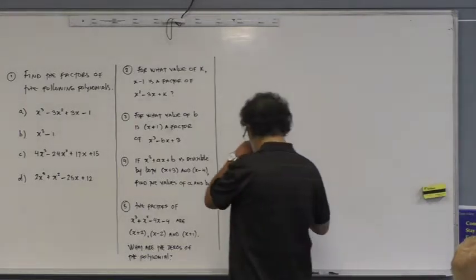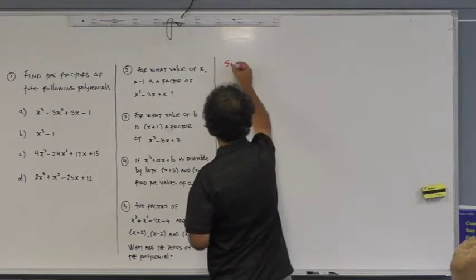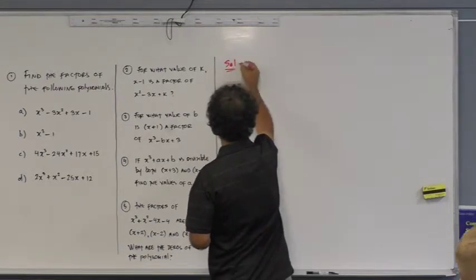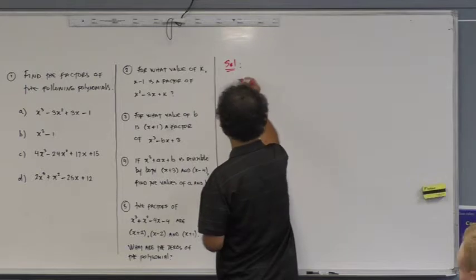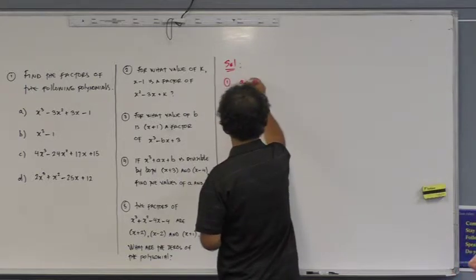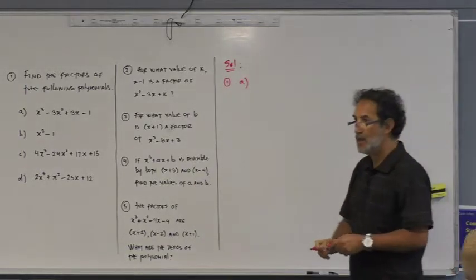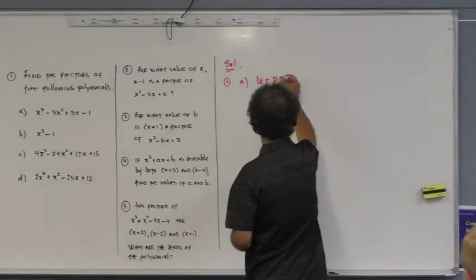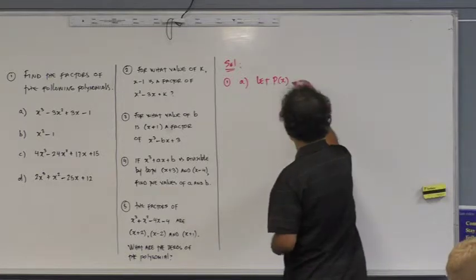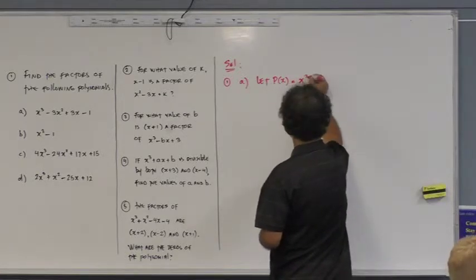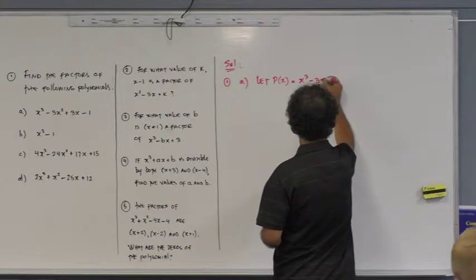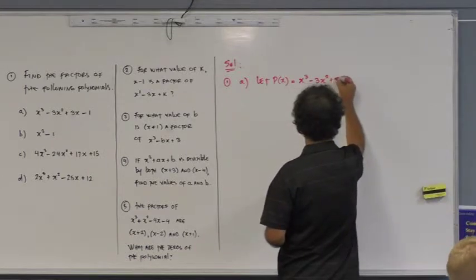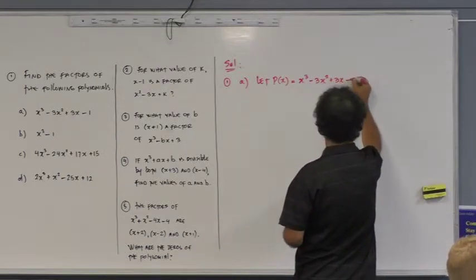Solution. Question 1A. Let P of x be equal to x cubed minus 3x squared plus 3x minus 1.